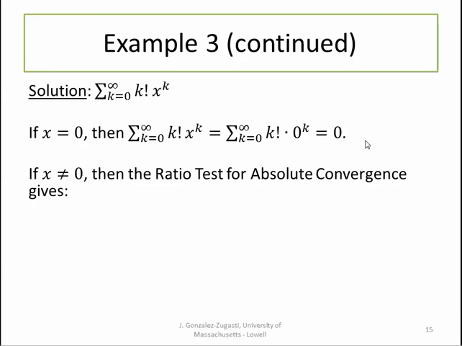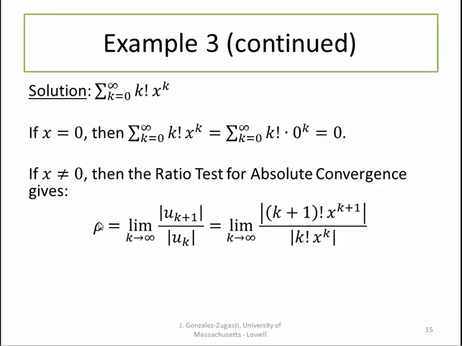If x is not equal to 0, then we can use the ratio test for absolute convergence. Setting up rho, it's the limit of our k plus first term divided by our kth term. We simplify this expression to get that it's equal to the limit as k goes to infinity of k plus 1 times the absolute value of x.